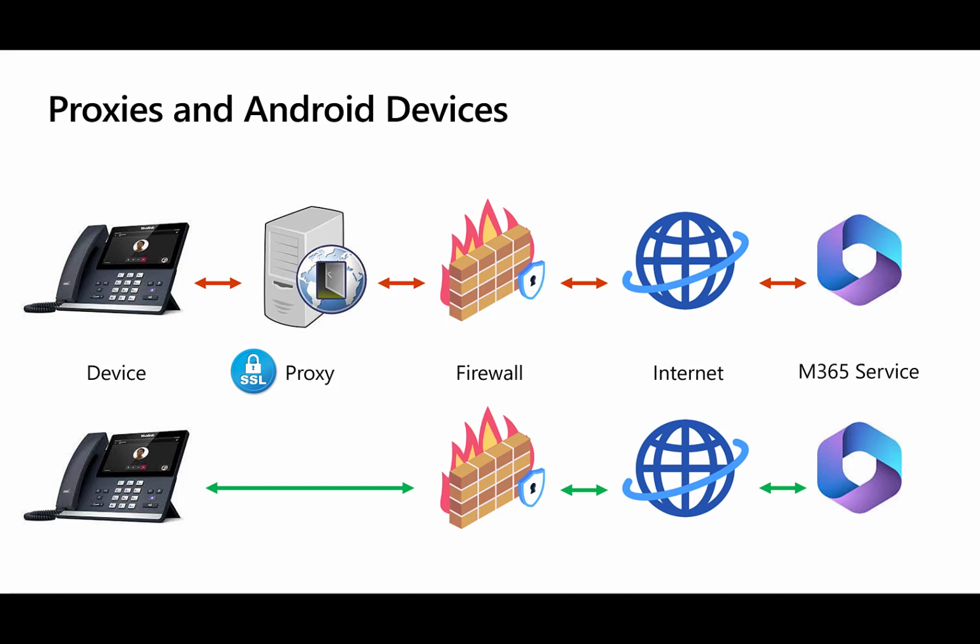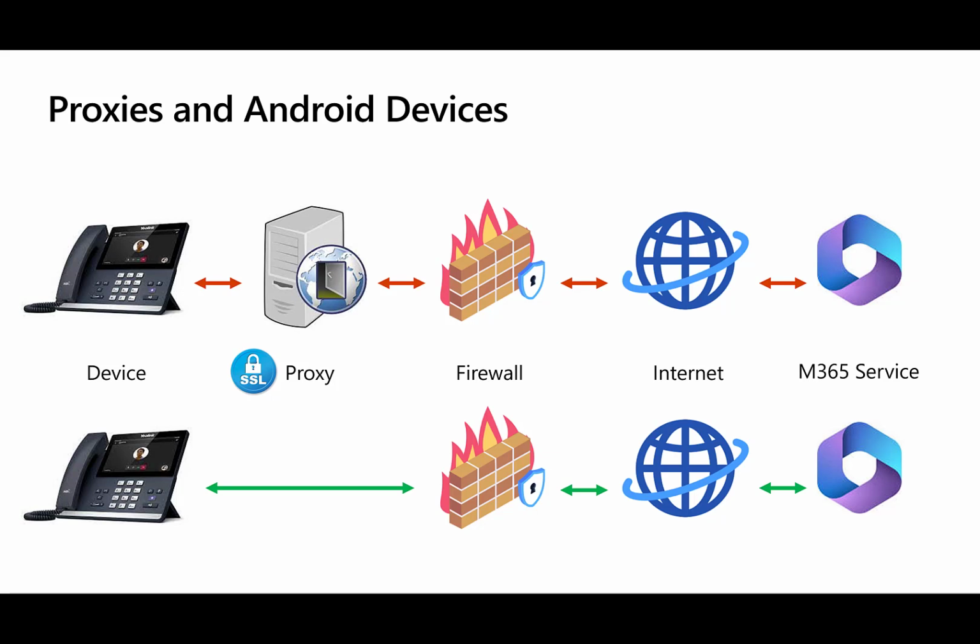Now, if you have a Windows device, we do support simple proxies on Windows devices. However, we don't recommend them. Regardless of that, if you do require authentication on your proxy, that won't work. So we don't have any mechanisms to be able to support proxy authentication. Also, if you're running SSL encryption on your proxy or SSL inspect, you'll need to turn that off.